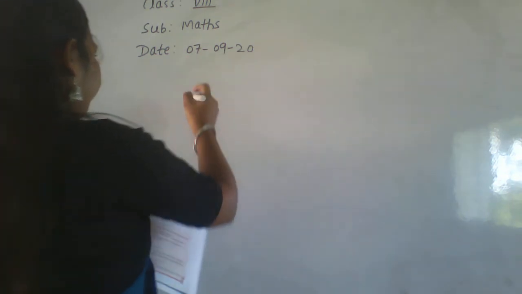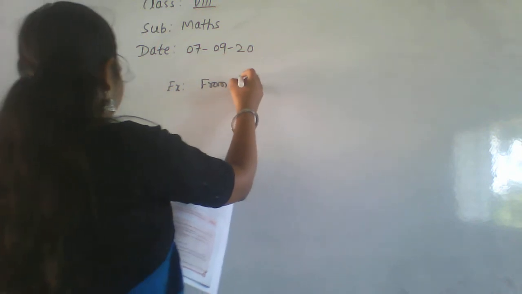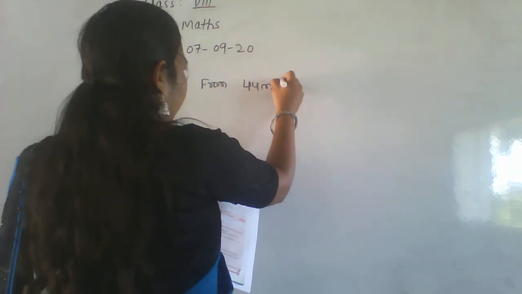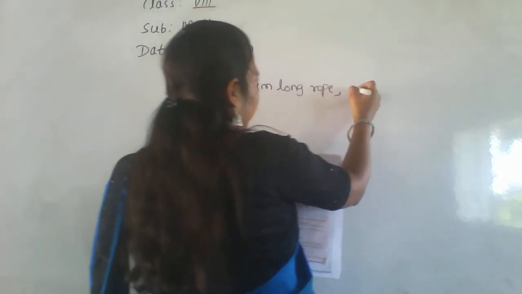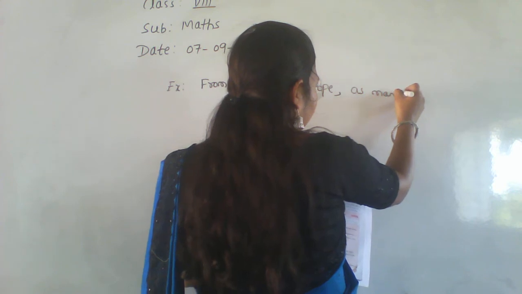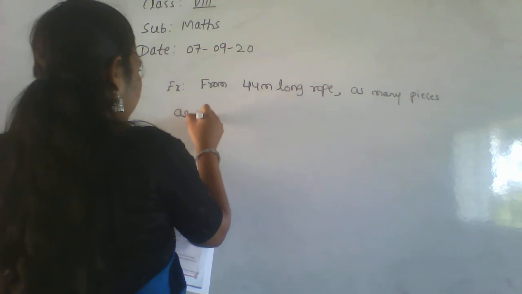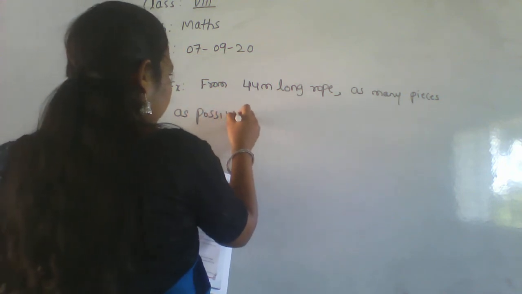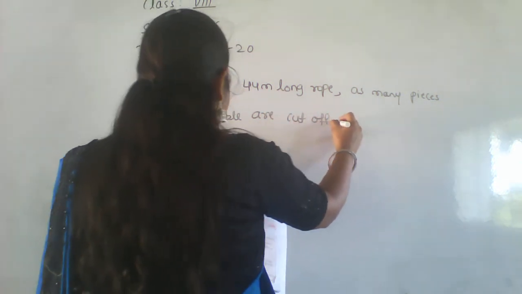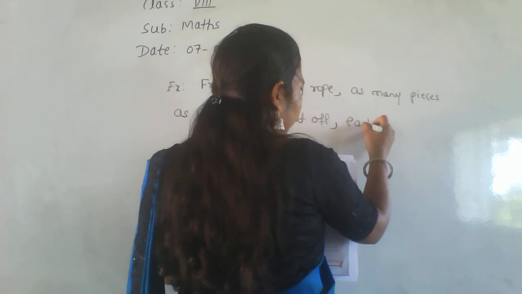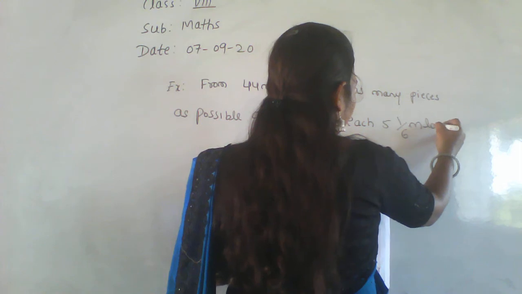Question is: from 15, as many pieces as possible are cut off. Each is 5 integer 1 by 6 meter long.